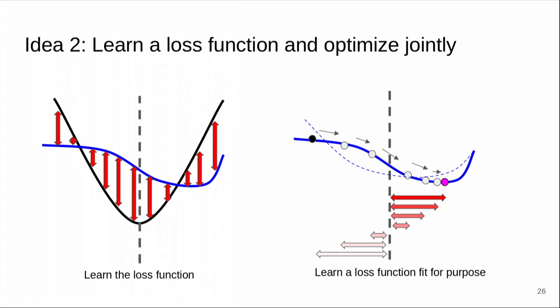Question: how do you enforce that you don't have different local minima? You said the learned loss function should have a similar loss surface so that SGD actually ends up in the same place. But how do you enforce that? We don't enforce it so much, but we penalize ones that don't.